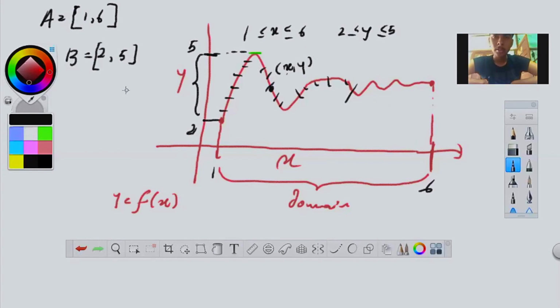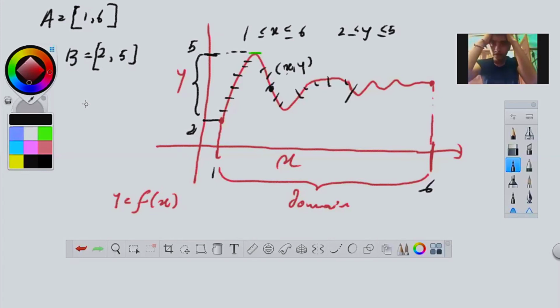But the Cartesian product, what do we take mainly? We said sets can be finite and sets can be infinite also, right? So these are infinite sets, intervals are infinite sets. So the Cartesian product of two sets will give us what? It will give us coordinates, right? Ordered pairs.